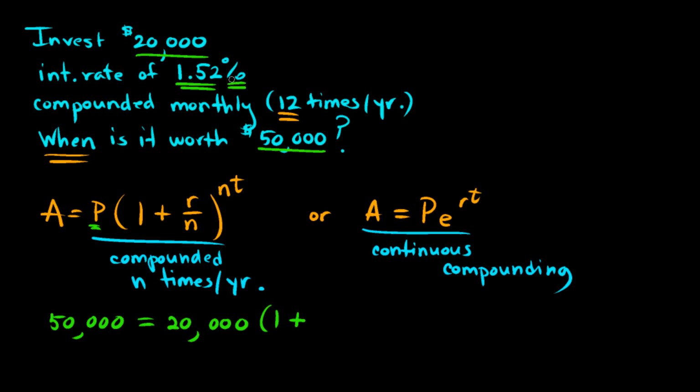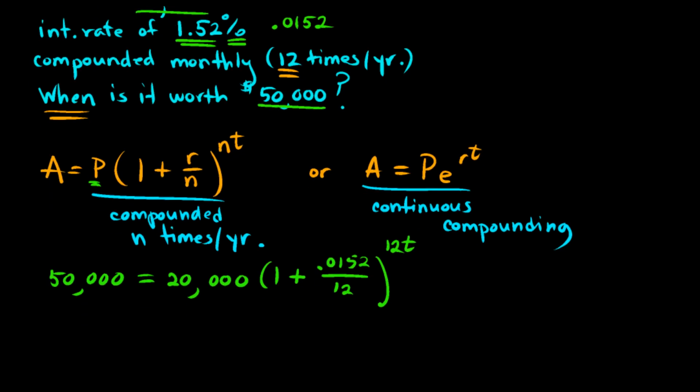Yes, but it's still written as a percent. So we would have to move that 2 places to the left, so it's no longer a percent. So 0.0152 over n, number of times a year, that would be 12, raised to the 12t power.